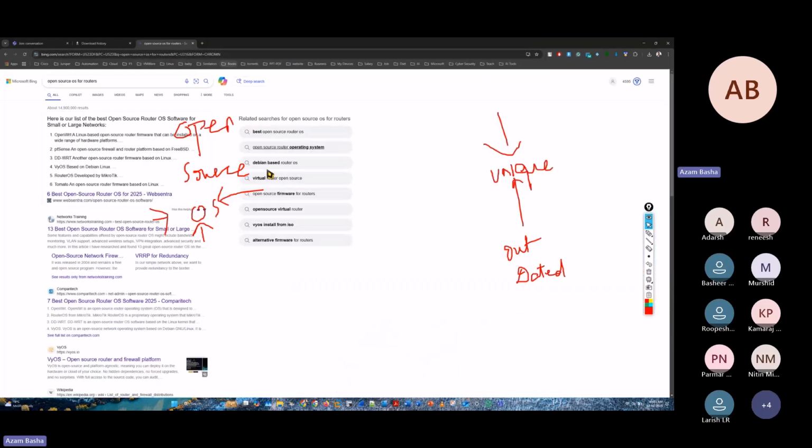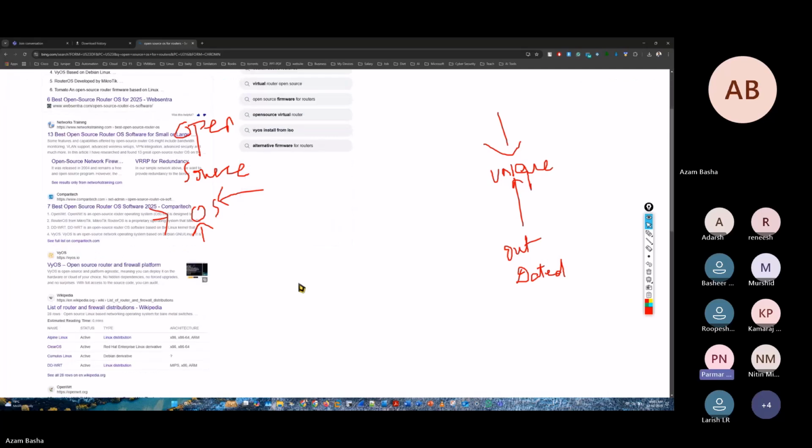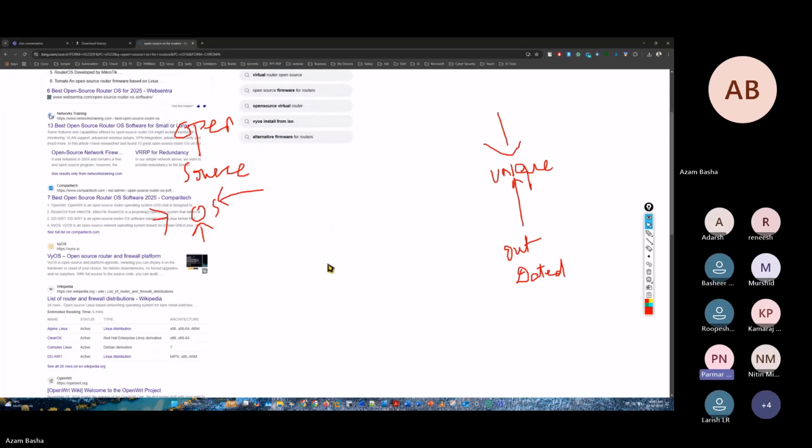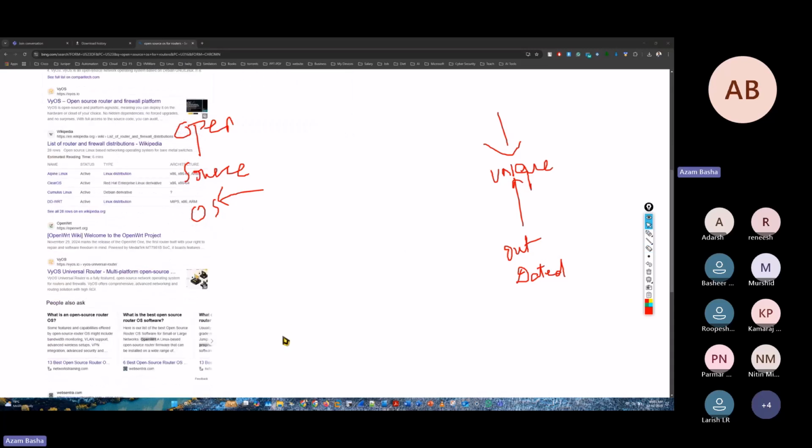Has anyone Googled this? Yeah, it is a kernel based router OS, which is open source. There is VyOS. I'm googling in front of you folks so that you're up to speed. This VyOS has been around for a long time, at least 3-4 years now.